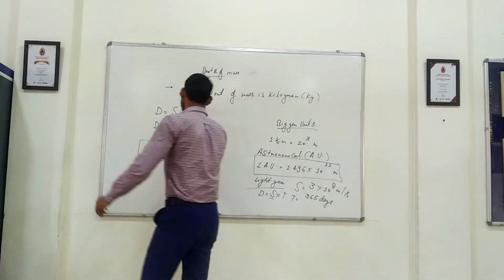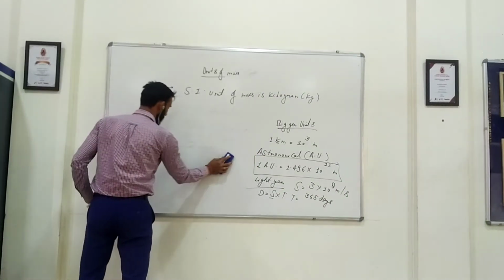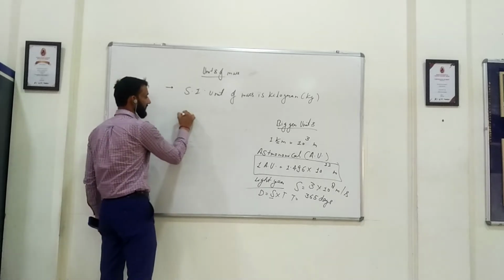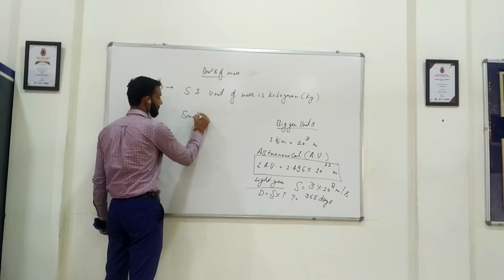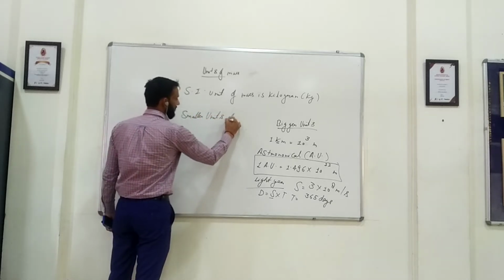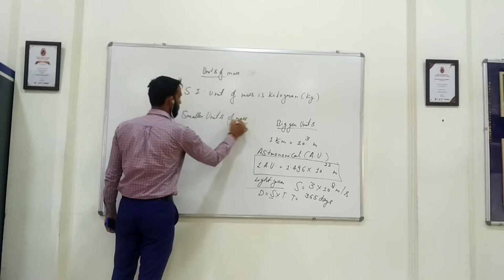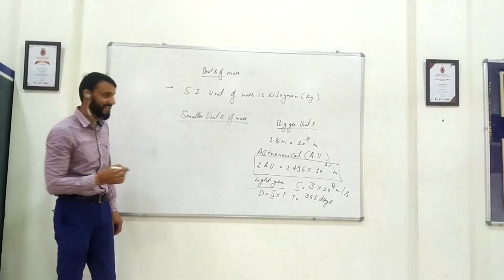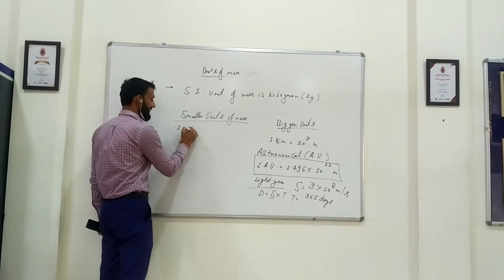So we will start with the smaller units of mass. We all know that the smaller unit of mass is milligram. First is milligram, 1 milligram.